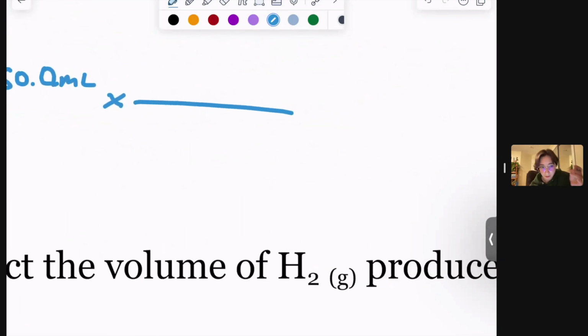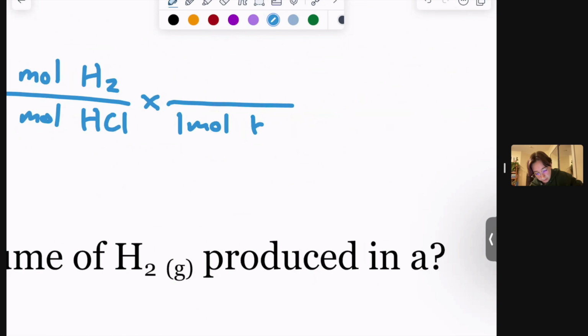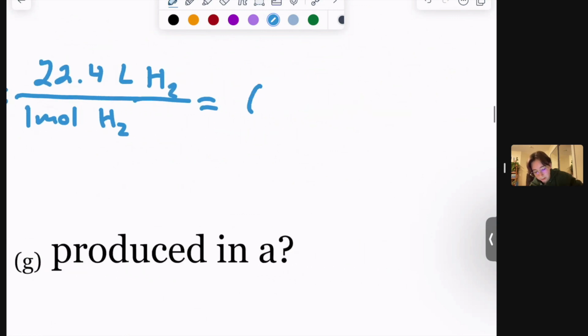So if I want to change moles of one thing into moles of another, I'm going to use my mole to mole ratio from the balanced equation. The coefficient in front of HCl is 2, the coefficient in front of H2 is 1. And from that STP rule, for every 1 mole of H2, there are 22.4 liters of H2 gas. Multiply all across, and you would get this many liters of H2.